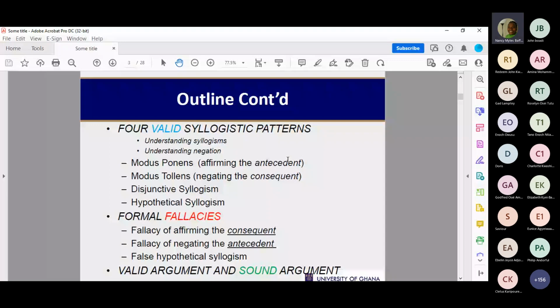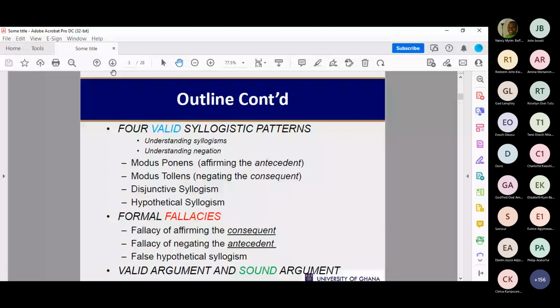If that happens, the conclusion will automatically follow. The conclusion would also affirm the consequent. That's why we call it modus ponens. It is valid. I call this one modus Paul, then this one is modus Timothy. So modus ponens and modus tollens.